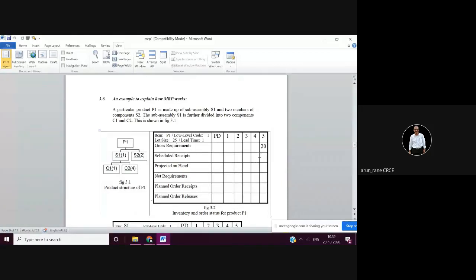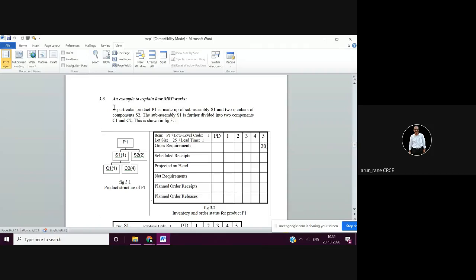Like say delivery date, this is in the fifth week. So that is say P1, that is product P1 has to be delivered in fifth week and quantity to be delivered is 20. And say the raw material which are required per product, like one product, if it needs say two bearings, so altogether I will need 40 bearings.